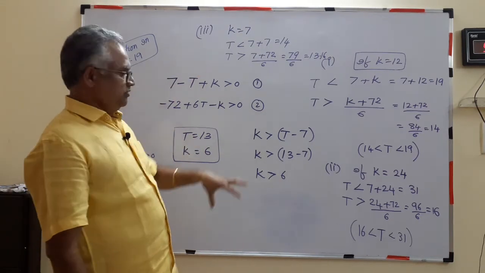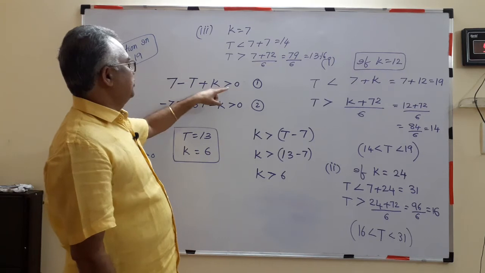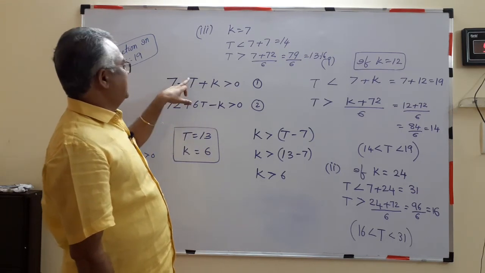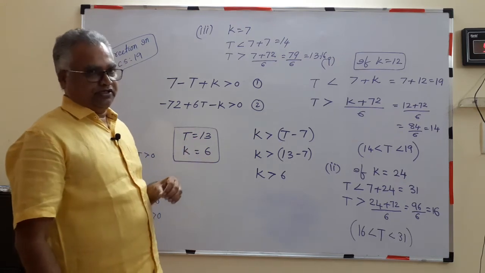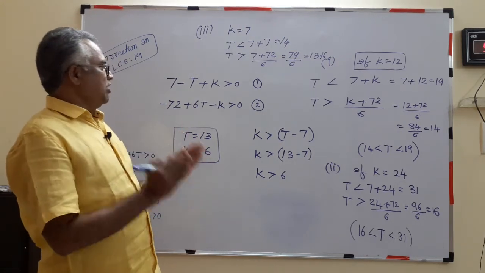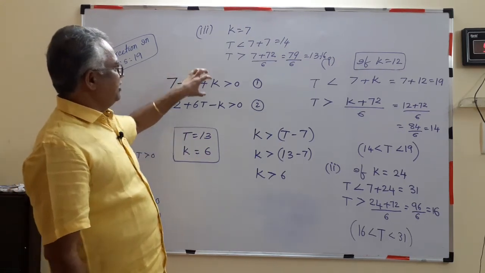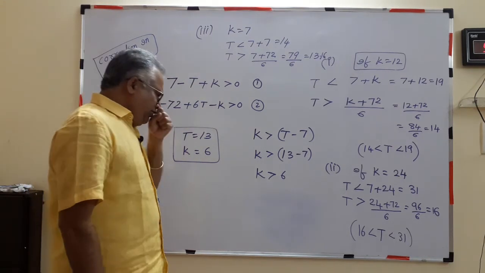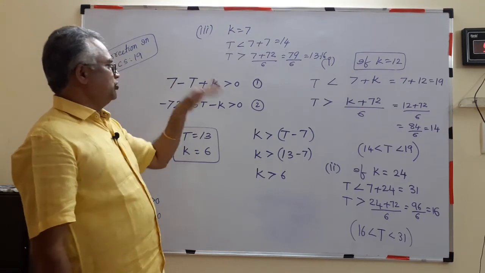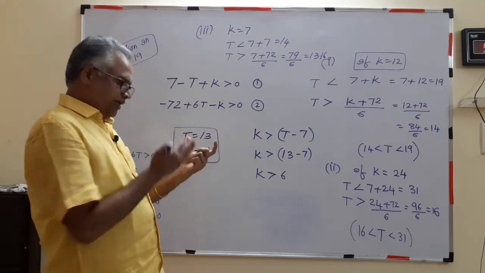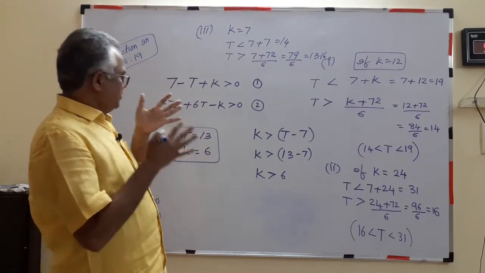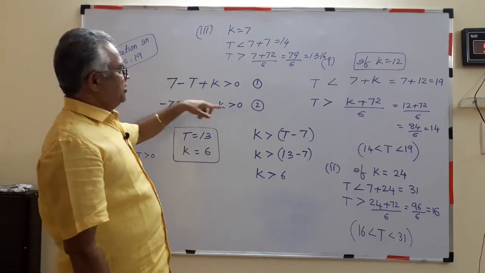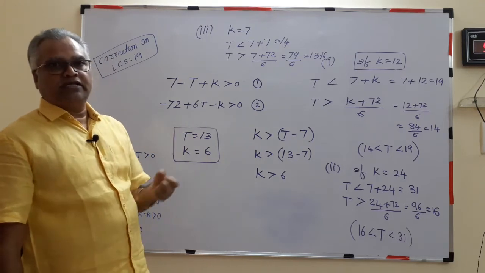So this is a beautiful concept, because both the conditions should be greater than 0, and here t is there, k is there, that is the confusion. But in most of the normal problems, here k will be there, here also k will be there, and when we equate both to greater than 0, you get the range of k. But here the problem is the confusion: two variables are there, and both the conditions should be satisfied simultaneously.